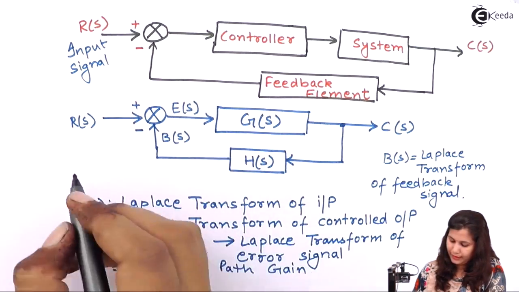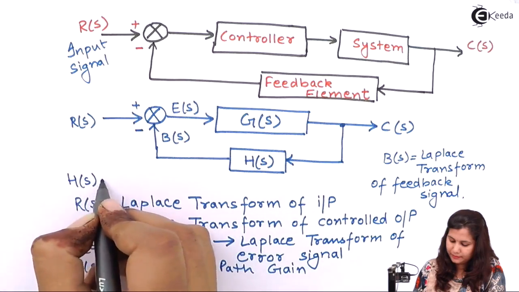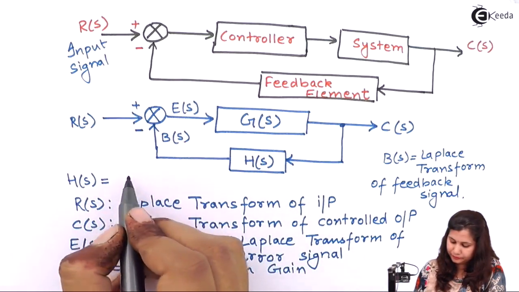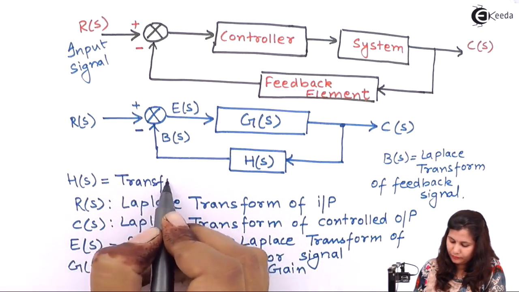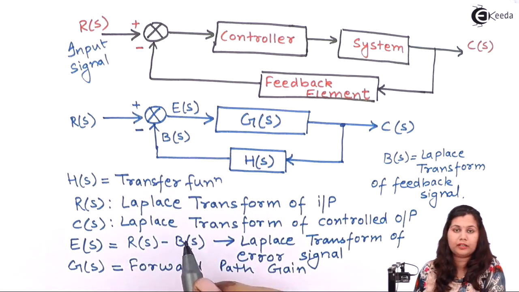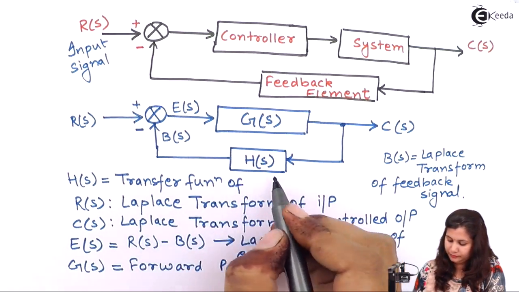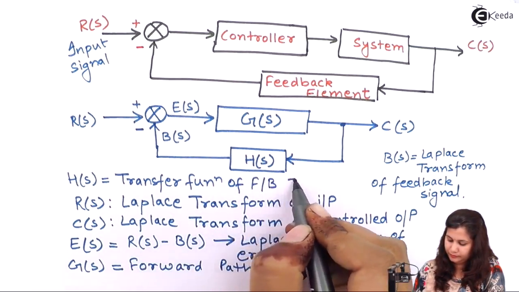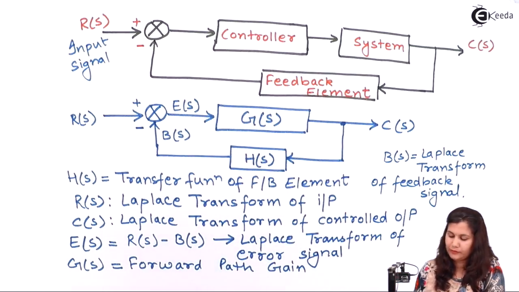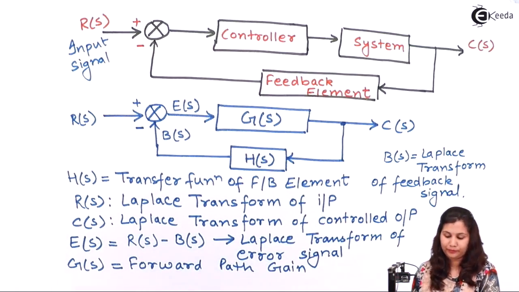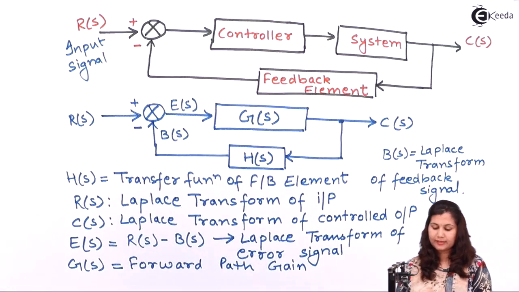And H(s) was the transfer function of the feedback element. So this is the block diagram of a closed loop control system.